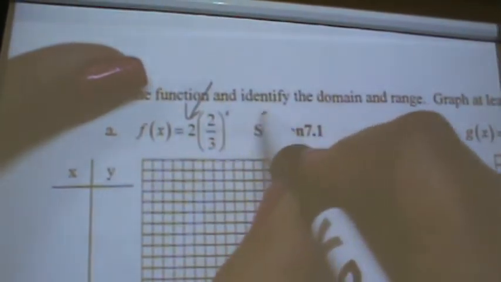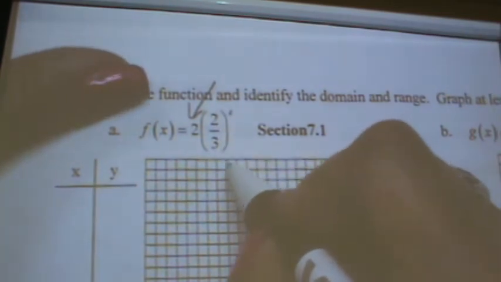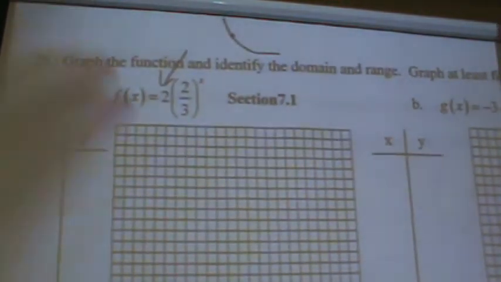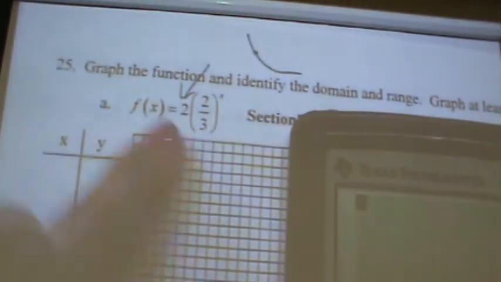That's your y-intercept. And what's this going to tell you? It's a decay problem. So I already know that this thing, without even touching my calculator, is going to hit at 0,2, which is your y-intercept, and it's coming down because it's a decay problem, because the base is less than 1.